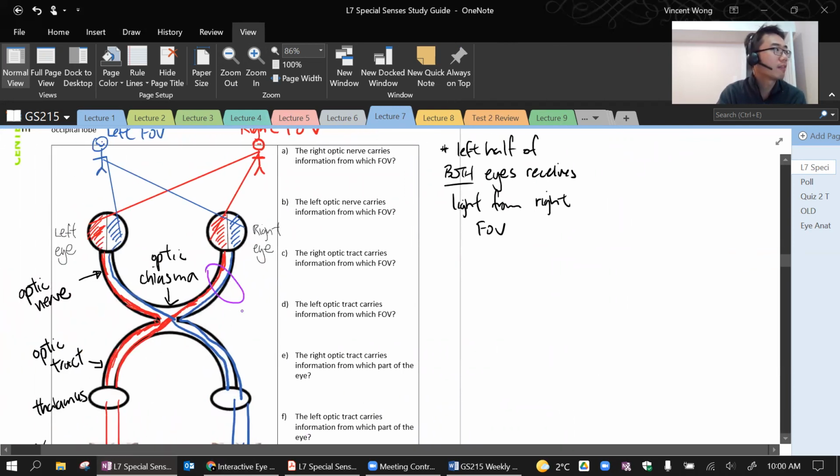What kind of information does it carry? Well, you can see both colors here, right? So it's both left and right. Left optic nerve carries information from which FOV? Same thing, both.